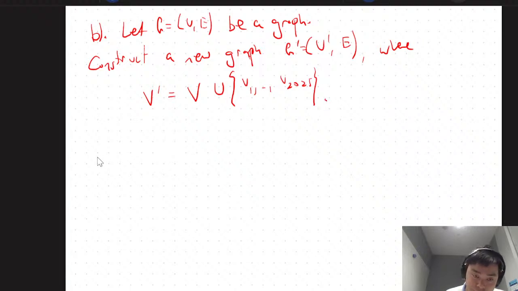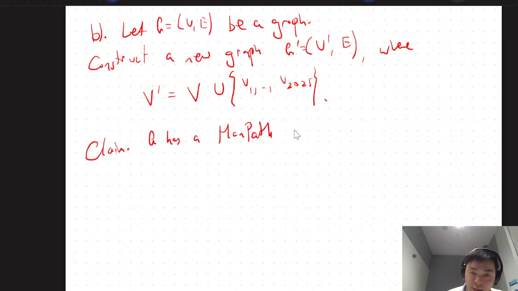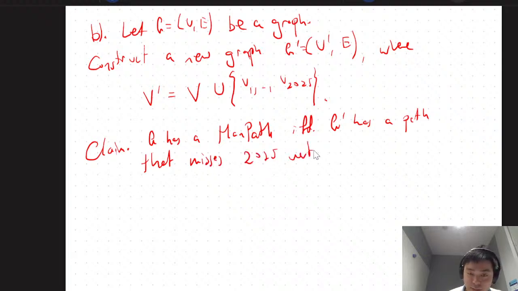And I claim that G has a Hamiltonian path if and only if G prime has a path that misses 2025 vertices.